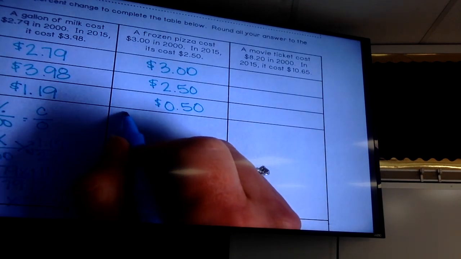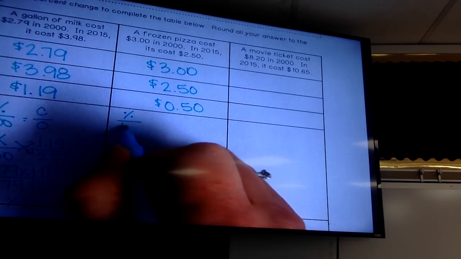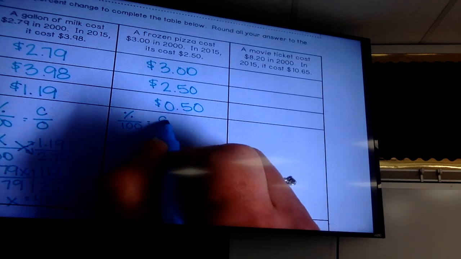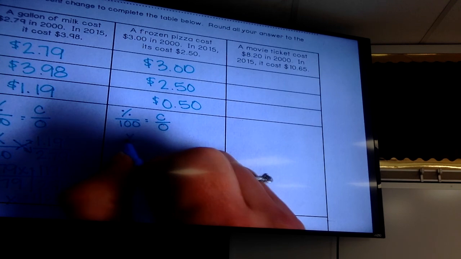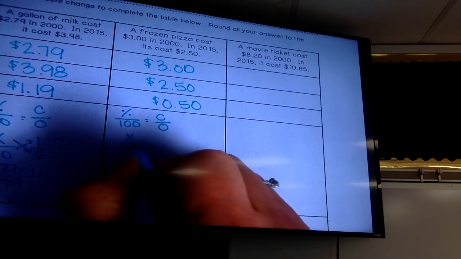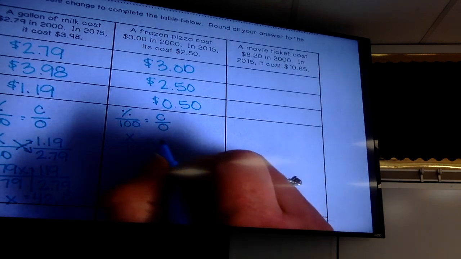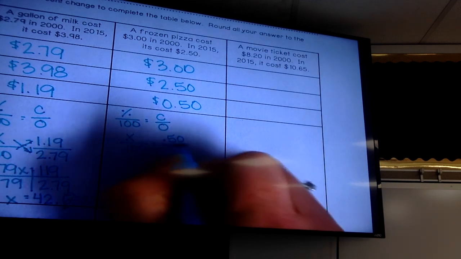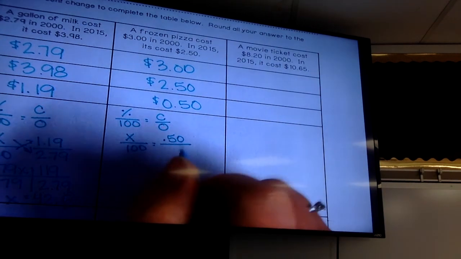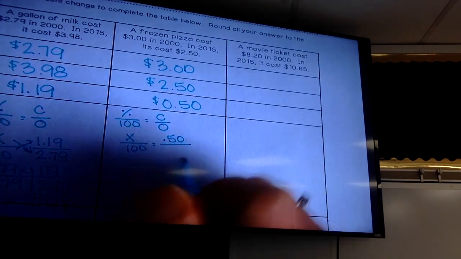So I'm going to do my proportion. I have percent over 100 equals change over the original. Let's fill that in. I'm looking for the percent, so that's my X. I know the amount it changed was 50 cents, so 0.50. You could even write 0.5 there because that 0 at the end is not necessary.